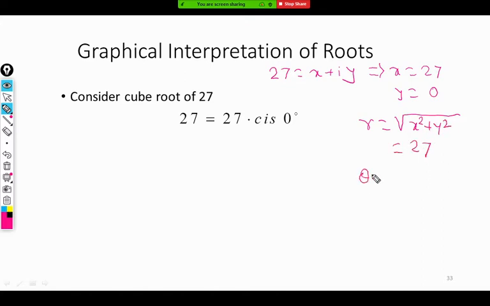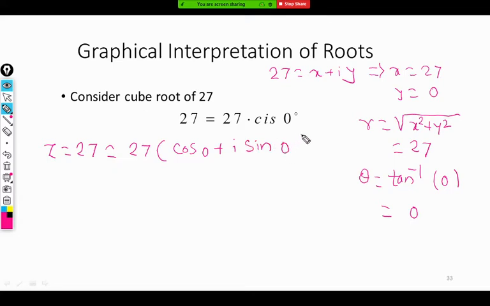And theta is tan inverse y by x. That is tan inverse 0, which is 0. So in step number one, we get z, that is 27, as r is 27, times cos 0 plus i times sine 0. So we have written the complex number from Cartesian form into polar form. This is the polar form of the complex number.